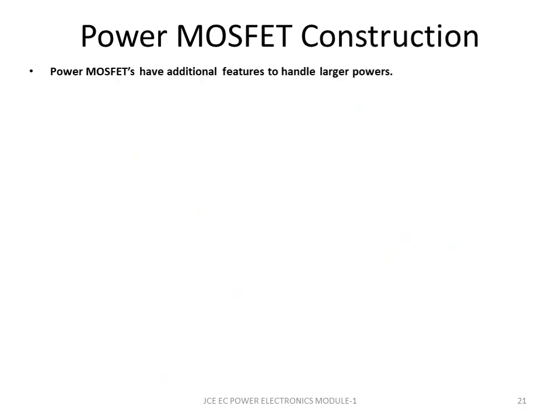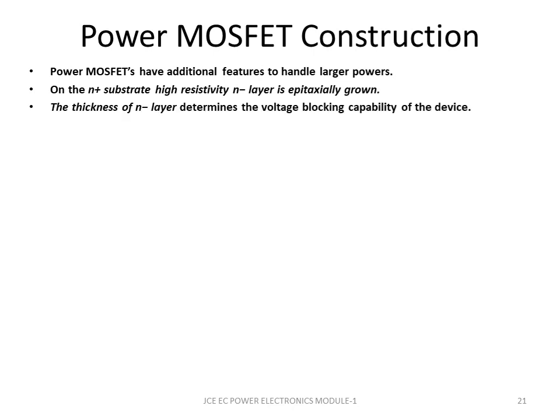Let's briefly explain it again. Power MOSFETs have additional features to handle large powers. On the N plus substrate, a high resistive N minus layer is epitaxially grown, as I told you, and the thickness of the N minus layer determines the voltage blocking capability of the device.